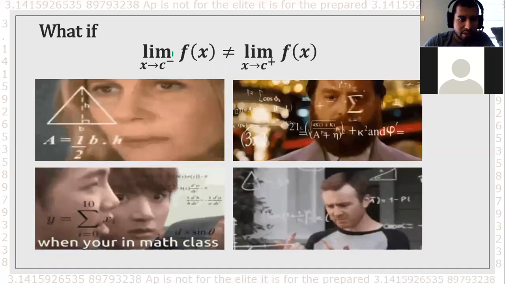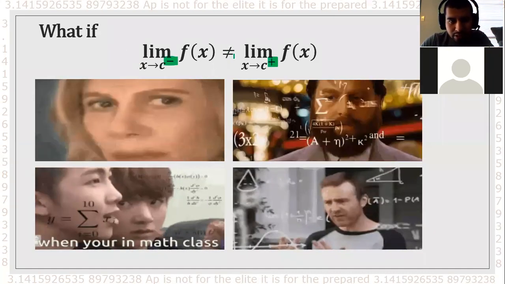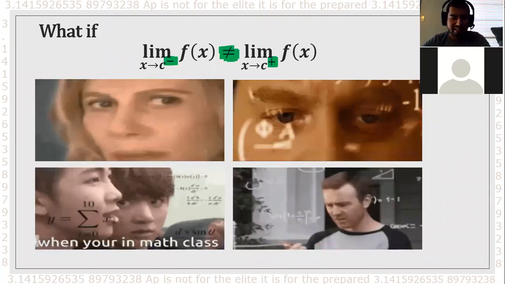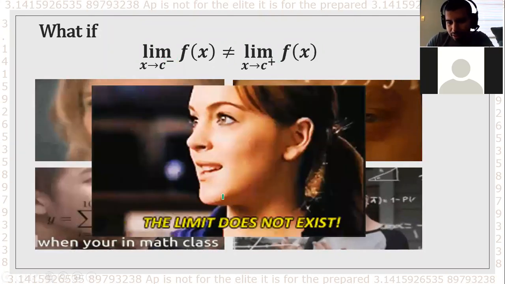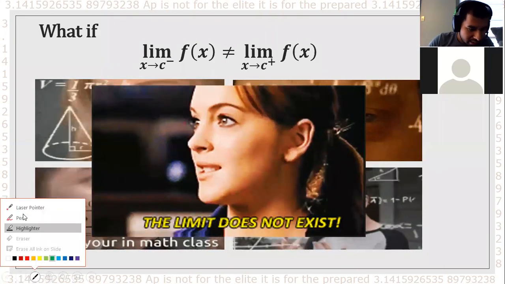What if the left-hand side does not equal the right-hand side? That's weird. That is definitely weird. I don't know if you're able to see that, but it is true. If the left-hand side does not equal the right-hand side, the limit does not exist.